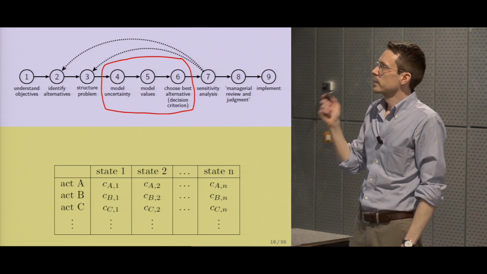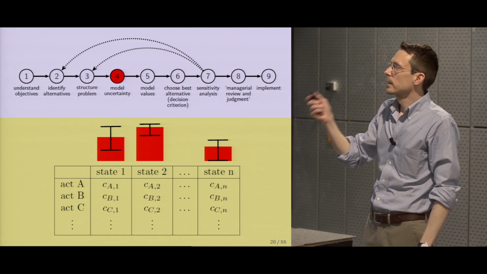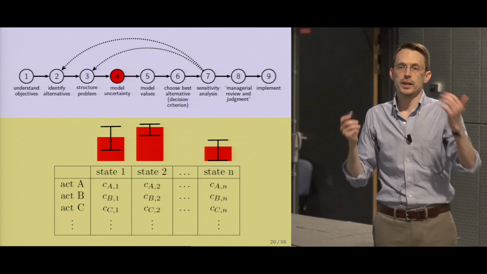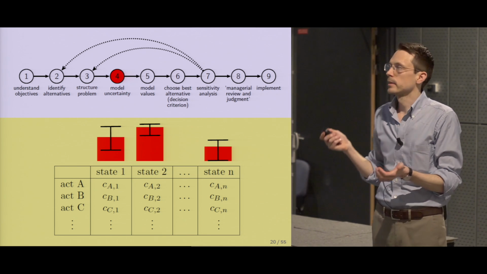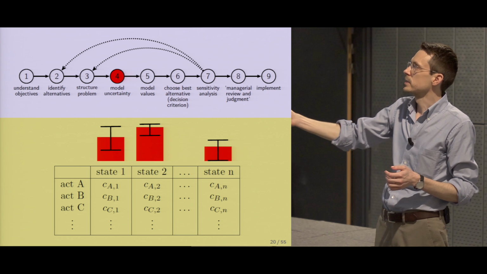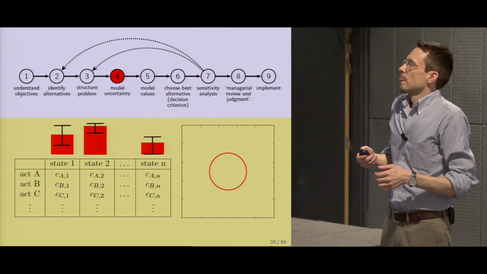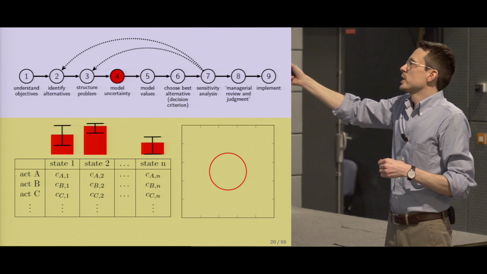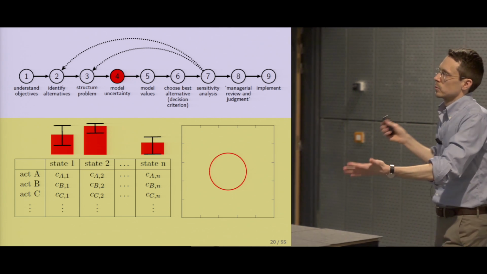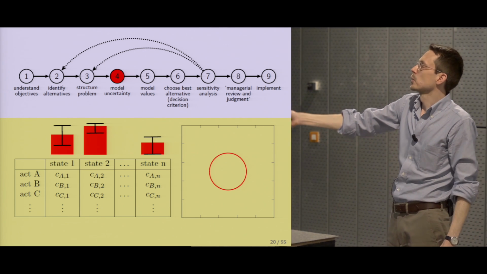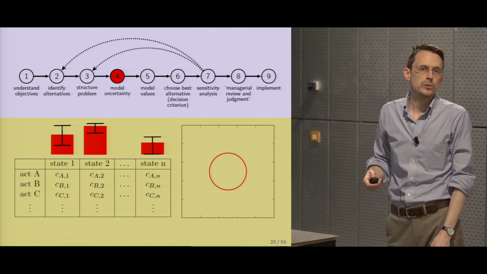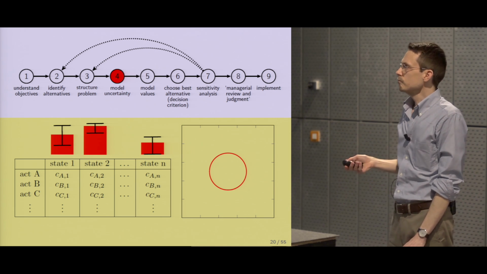For max-min expected utility, modeling uncertainty means a set of probability functions, which puts an interval probability on each of the states. That can also be represented as a region within a probability space. So imagine this is, for example, the parameter space of a statistical model with two adjustable parameters.